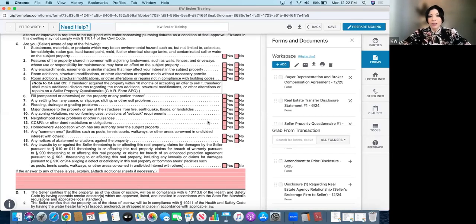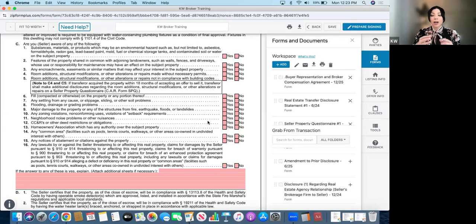For those of you who don't know what CC&Rs are, they're very similar to a homeowners association, but there are usually no dues or fees associated with it. When a subdivision is built, CC&Rs can say all houses need to be painted in the following colors, right? Maybe they'll exclude the color yellow, or you can't paint your house red, so it has to be a neutral color.